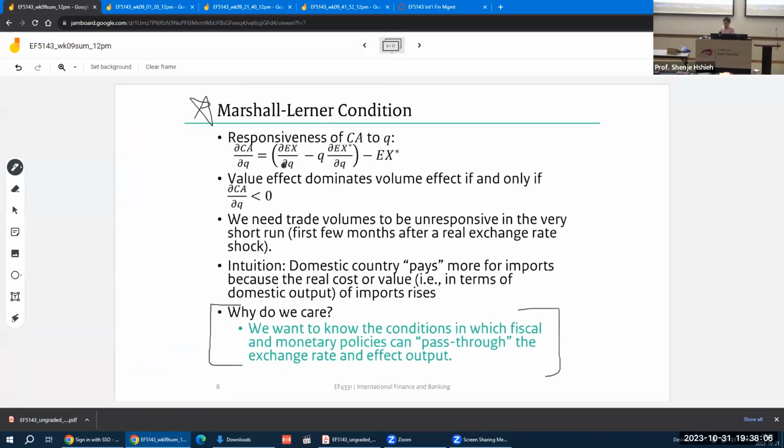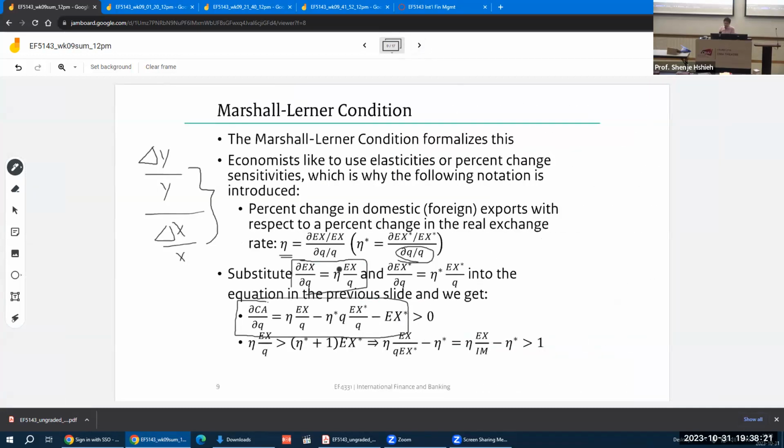So let me make sure we're on the same page. This is the equation we're working with. You notice this, you notice this, right? And now we're swapping these sensitivities of exports with an elasticity times a ratio. Okay. I know you're asking why.